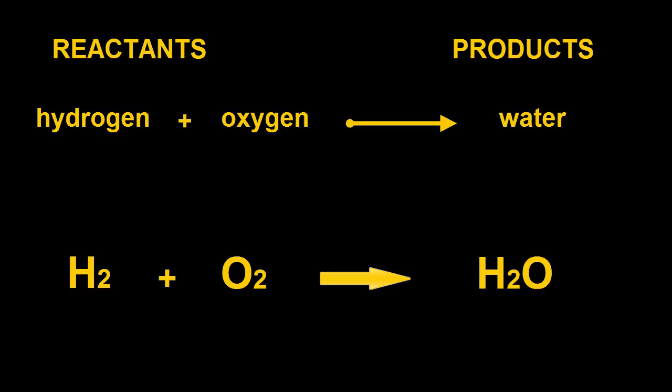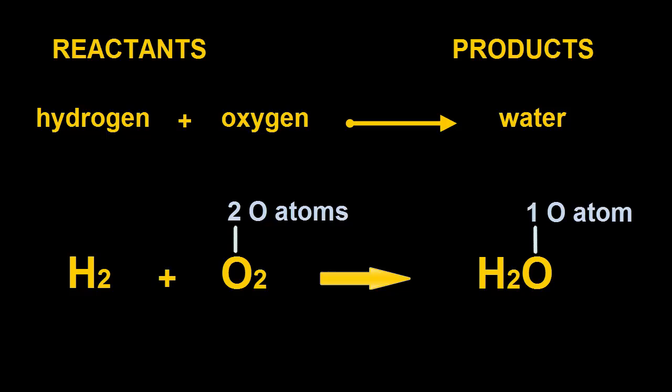A quick glance shows that the number of hydrogen atoms on both sides of the equation is equal. An H2 molecule contains 2 hydrogen atoms, and so does one H2O molecule. But if instead we look at oxygen, we can see that the left-hand side has 2 oxygen atoms inside the O2 molecule, but the right-hand side has only 1 inside the H2O molecule.